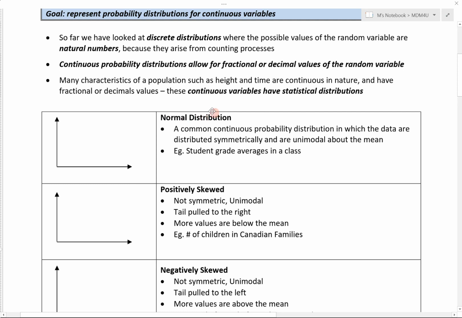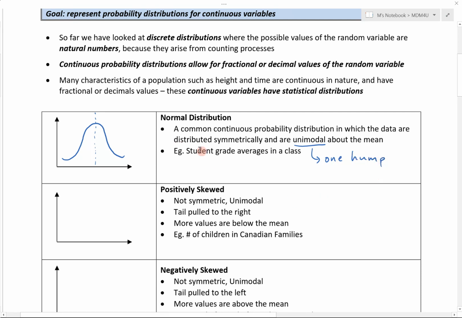Now, what do these distributions for continuous variables look like? Well, the first one is called a normal distribution, and it looks something like this. It has this bell shape to it, and it's symmetrical about the mean. We also describe it as having one hump, so it's a one hump, or what we call a unimodal distribution.